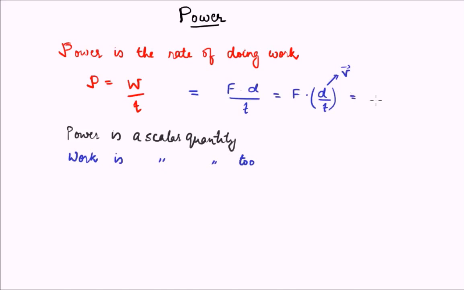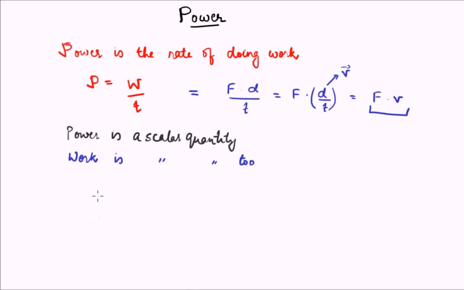So ultimately power can be said to be force into velocity, and if the direction of force and velocity is the same, then velocity and speed will be the same, as speed is the magnitude of velocity. So power can alternatively be defined as force times velocity, or force times the average speed.